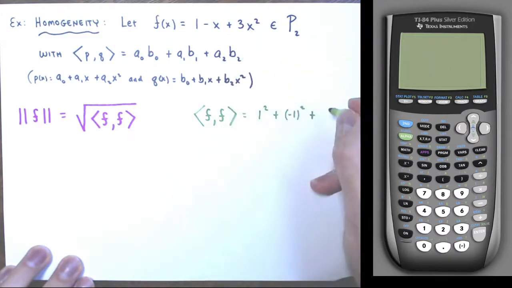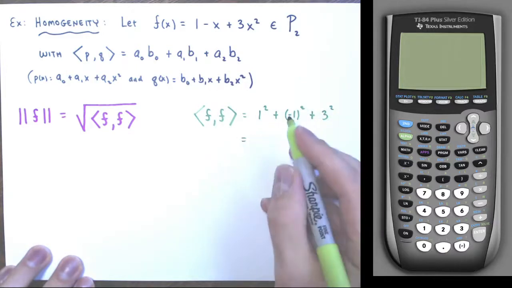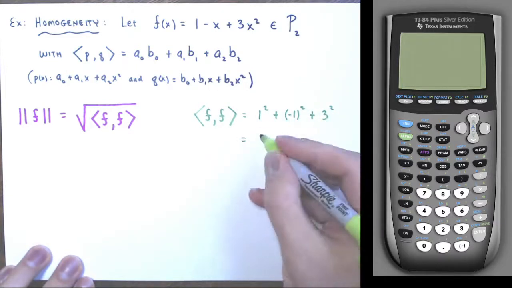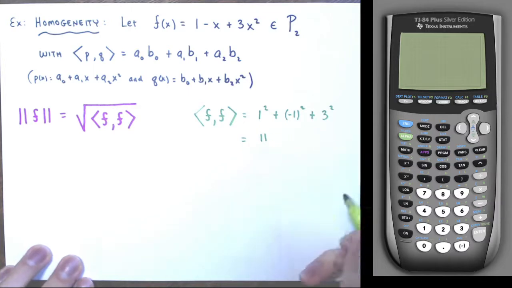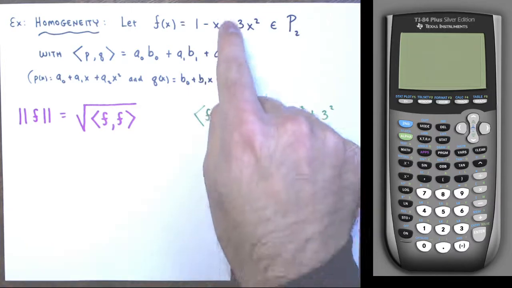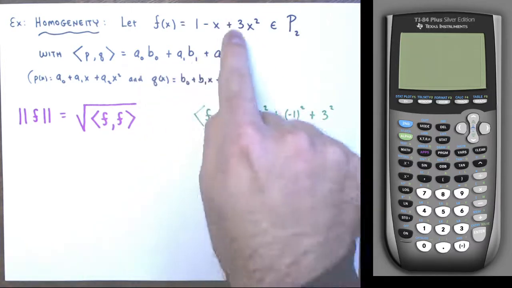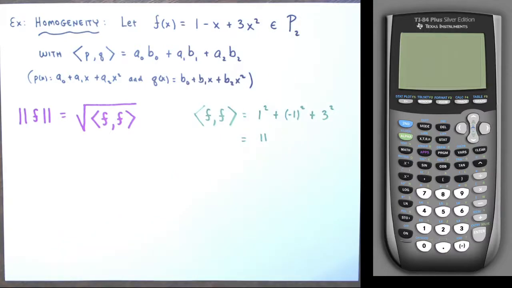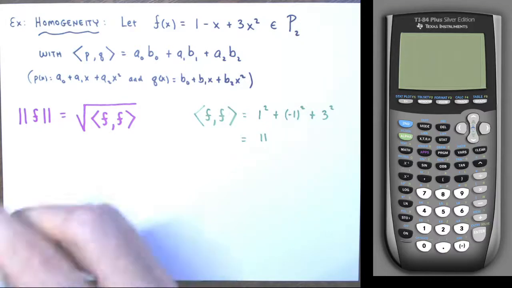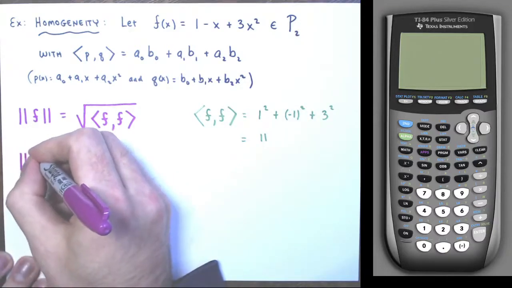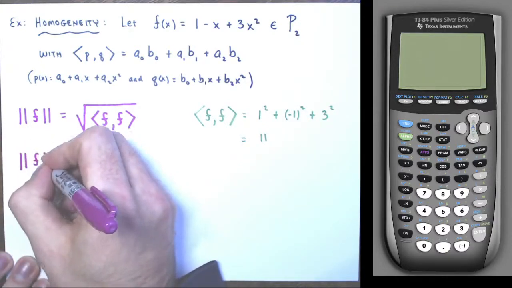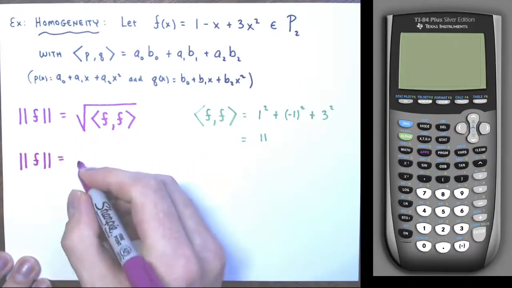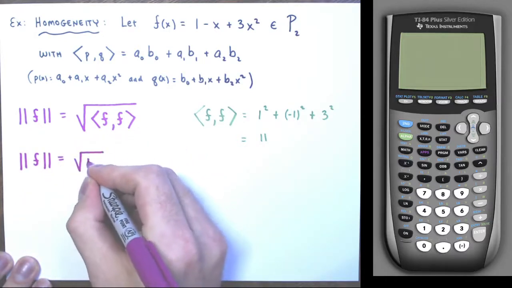They're both the same for the coefficient for the x squared, 3 squared. So this is 1 plus 1 is 2, plus 9 is 11. So there's the inner product of this polynomial. This inner product of this polynomial with itself is 11, a non-negative number. So the norm of this polynomial is the square root of 11.